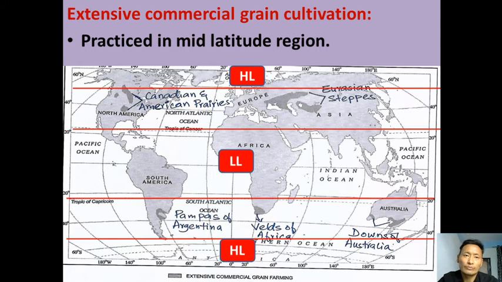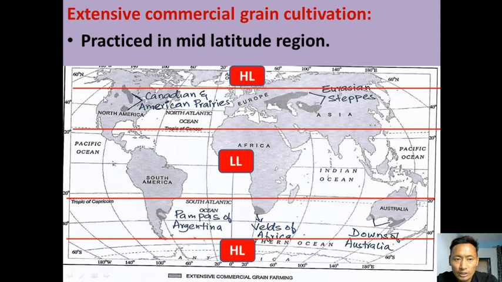Mostly extensive commercial grain cultivation is practiced in mid latitude. Here we have high latitude, near to the polar regions. In between Tropic of Cancer and Capricorn, we can say low latitude, near to equator.